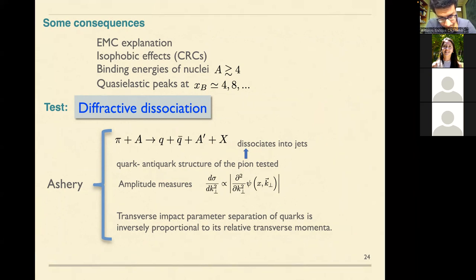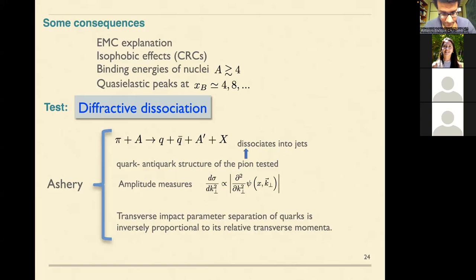You can think about consequences, but to have a dynamical model would take some time, obviously. It's interesting to talk about the quasi-elastic peak for the diquarks. We can look for that.